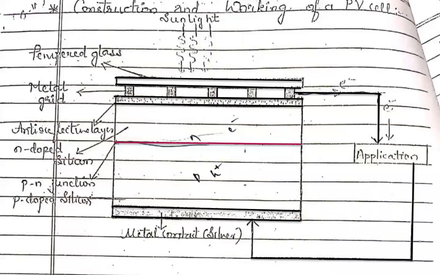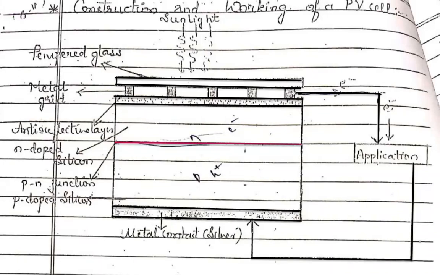And what is the purpose of the anti-reflective layer? The anti-reflective layer between the grid lines increases the amount of light transmitted to the semiconductor.